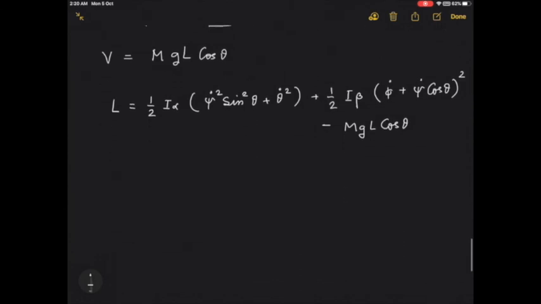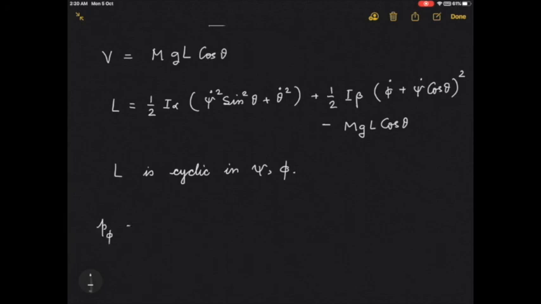What do you see? Immediately, as we promised, the Lagrangian has cyclic coordinates. There is no explicit psi dependence, no explicit phi dependence. So I can immediately write P phi, which is a constant.